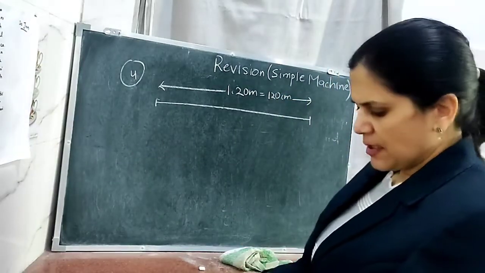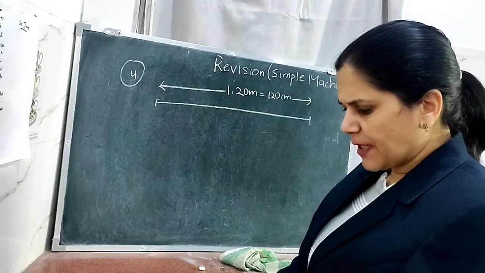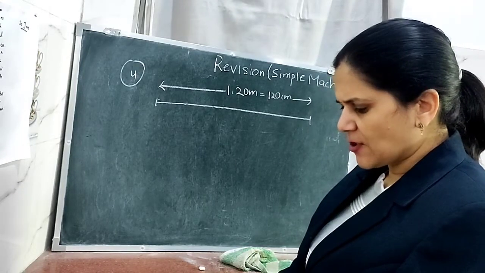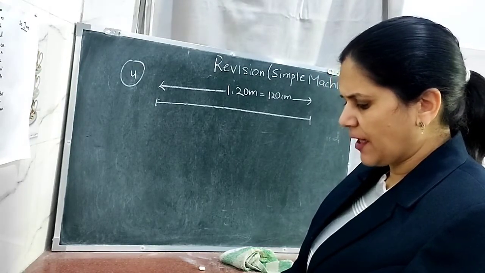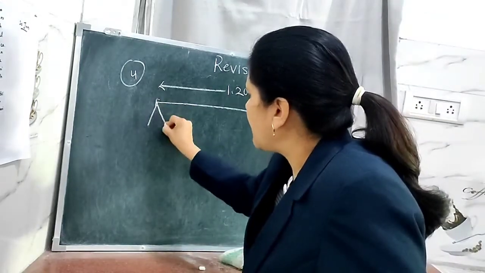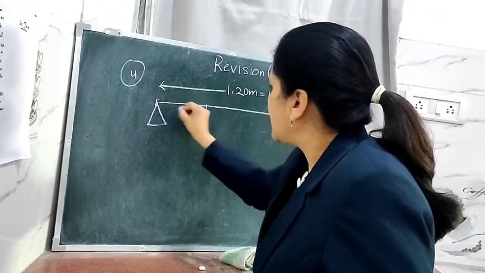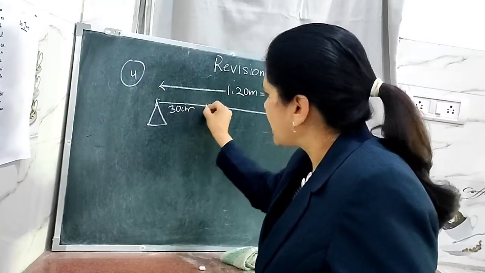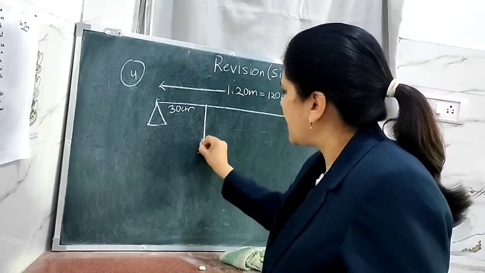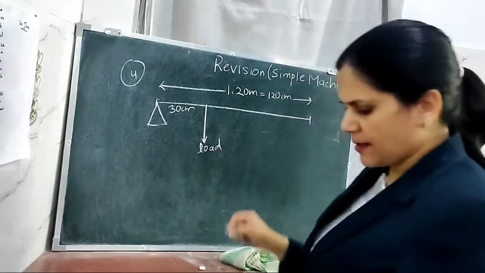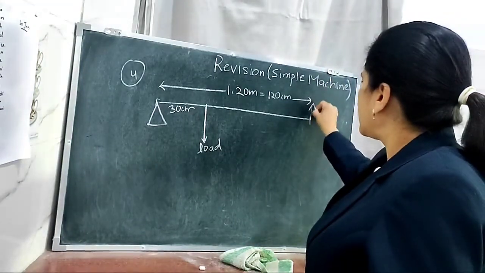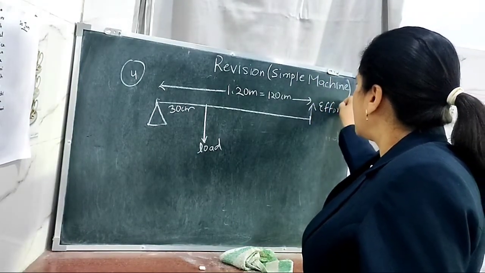Now what happened? It has a load of 50 kgf at a distance of 30 centimeter from one end. Now this is the fulcrum being given. From this end to here, it is being given as 30 centimeter and here a load is being applied. Load is there and at the second end, it is the effort being applied.